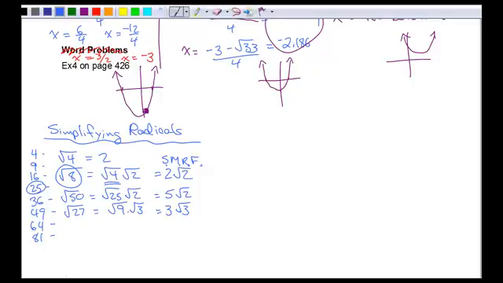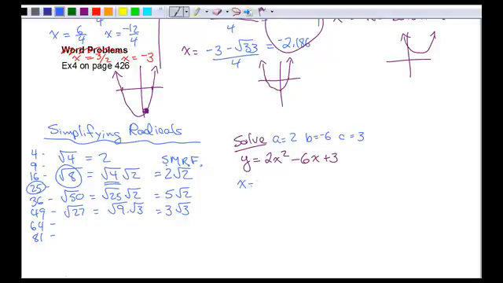So let's see what happens if we go to solve something like y is equal to 2x squared minus 6x plus 3. Remember to make a list of your a value, your b value, and your c value, and then just plug that into the formula.